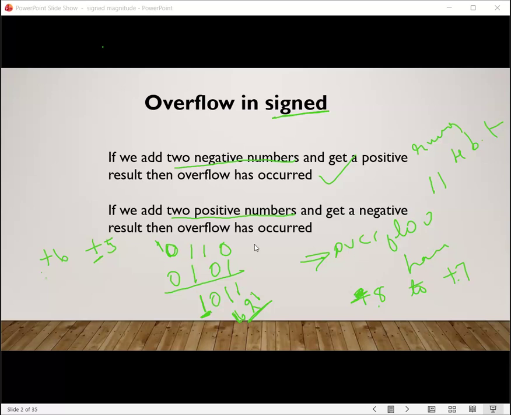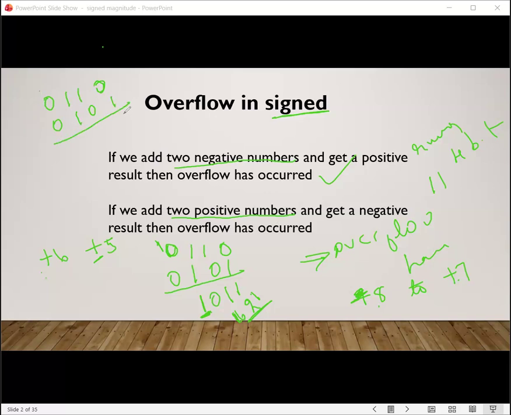See, let me write this clearly. 0, 1, 1, 0 plus 0, 1, 0, 1.